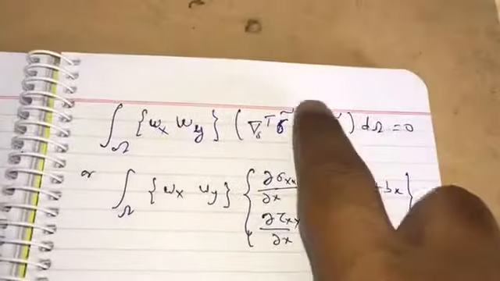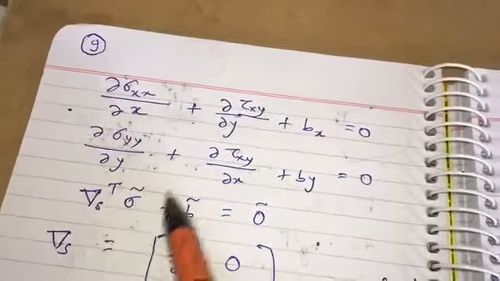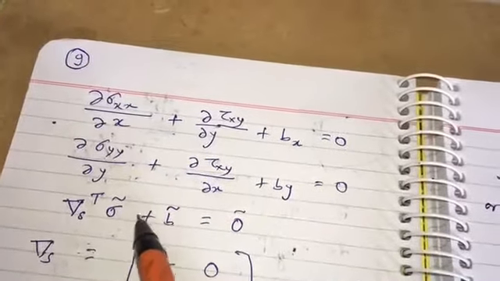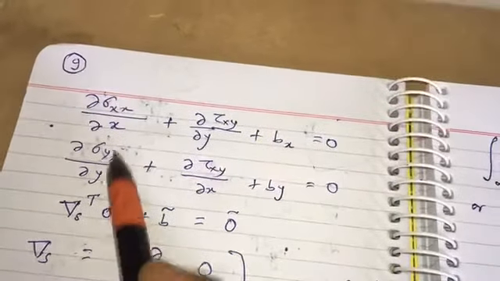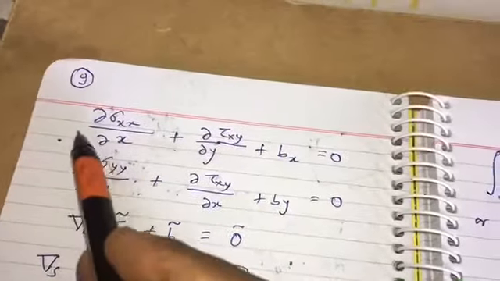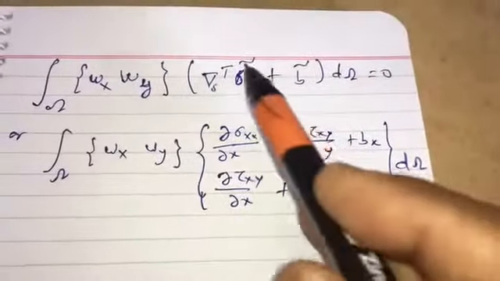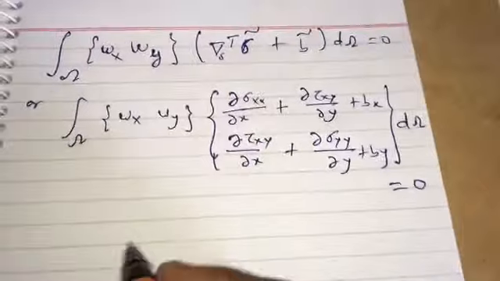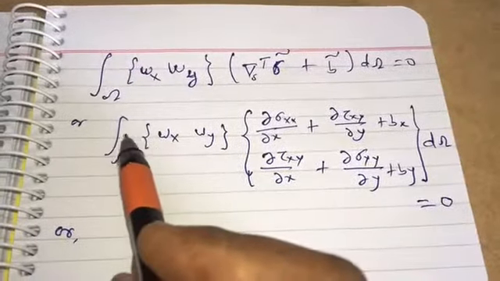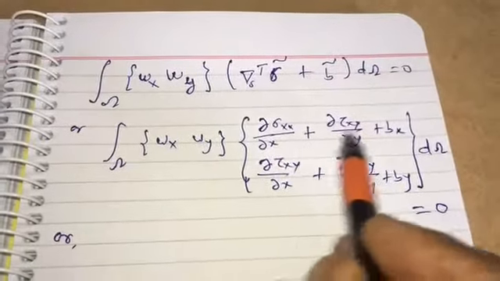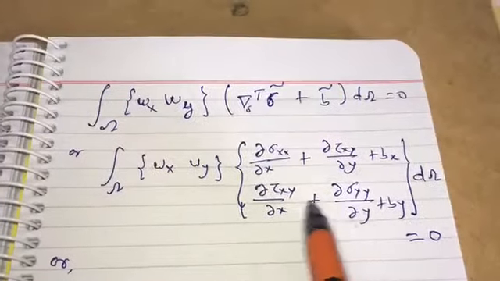Okay, so we are just expanding. Since we had combined this into this equation, if you expand it, we get a vector which will have these two rows. So wx will multiply with the first row, and wy will multiply with the second row.